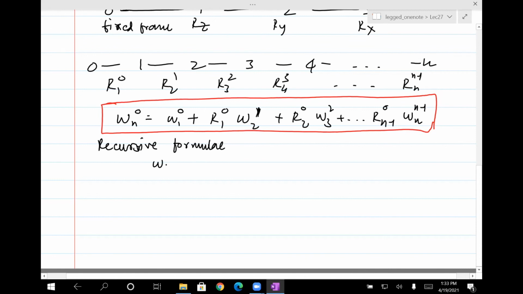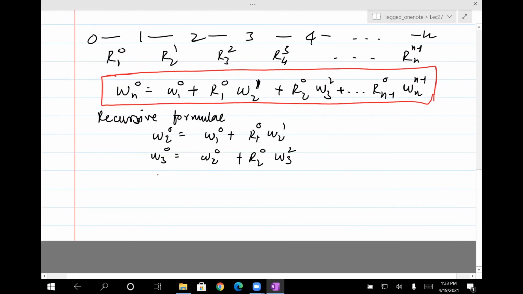Omega 20 is omega 10 plus R10 omega 21. Omega 30 is omega 20 plus R20 omega 3 with respect to 2. Omega 40 equals omega 30 plus R3 with respect to 0, omega 4 with respect to 3.